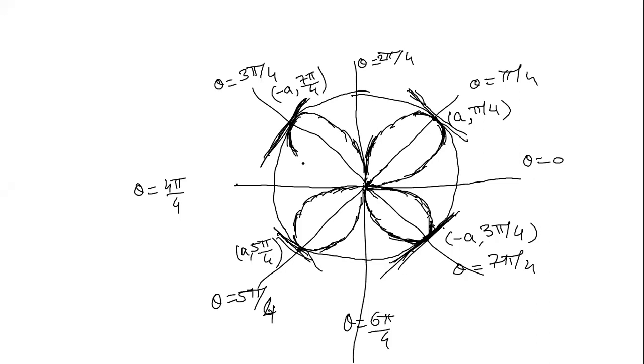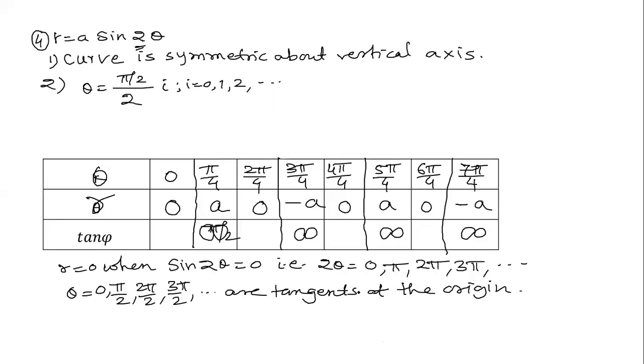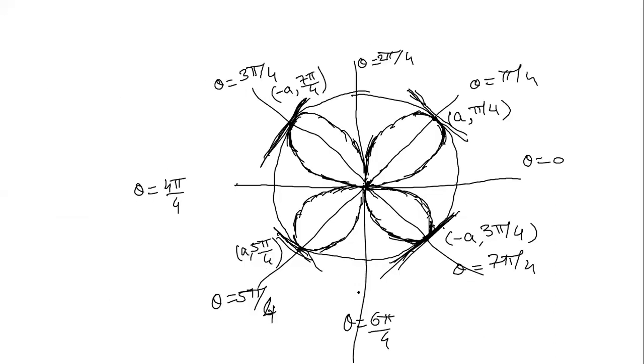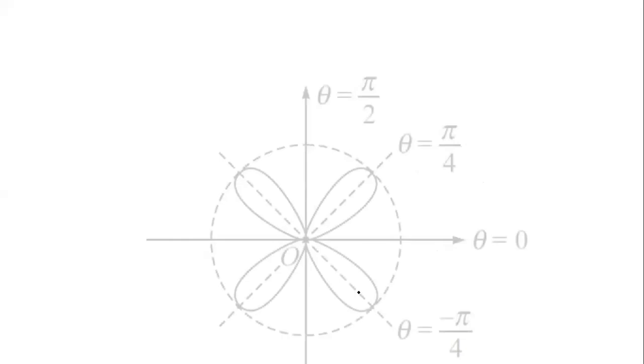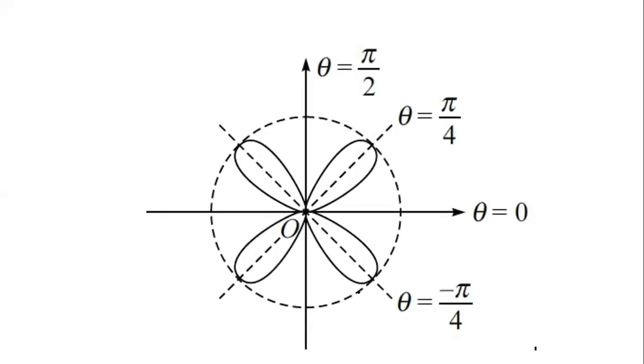Similarly, theta equal to pi is also another tangent at origin, and this is going to be the curve. So we see that the curve is symmetric about the vertical axis. After folding vertically, the right and left sides coincide with each other. The curve is r equal to a times sine of 2 theta.